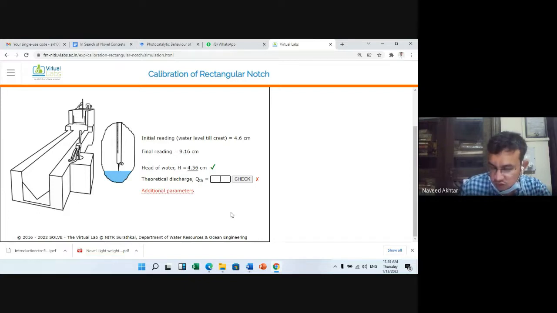So Q is equal to 2 by 3 into CD, 0.6, into L, 0.151, into under root of 2G, that is under root of 19.62 meter per second square, into H, 0.0456, to the power of 1.5. 3 by 2 means 1.5. Putting all the values, you can find out the discharge.